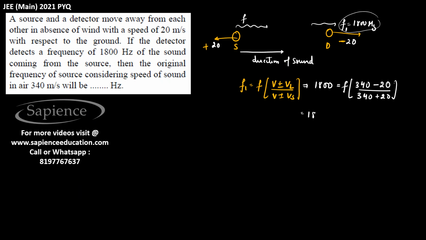So 1800 is equal to F into 320 divided by 360. So this is cancelled. So 4.